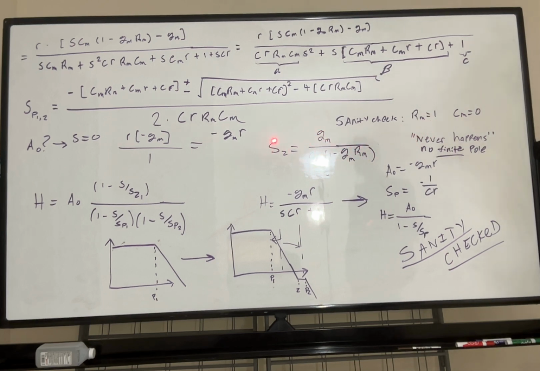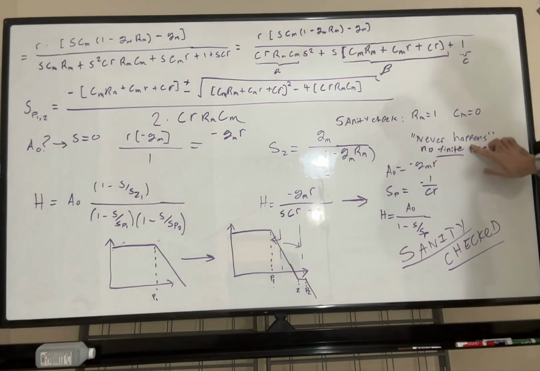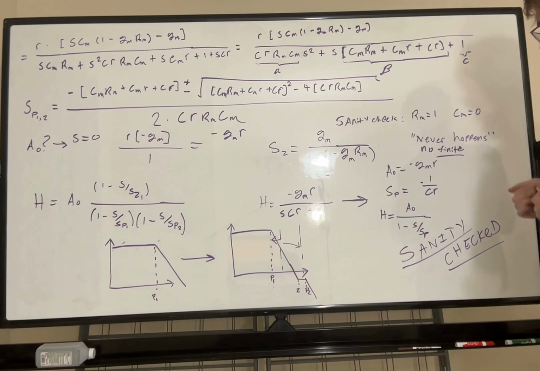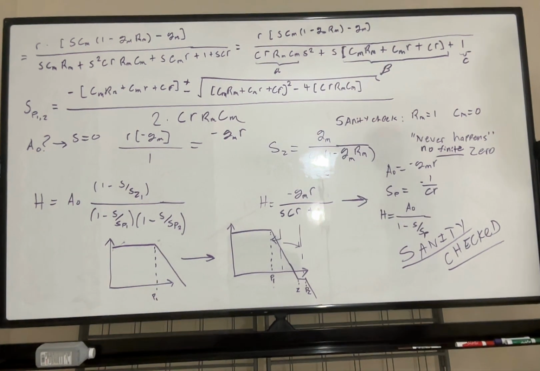You're dividing by 0, so SZ will go to infinity. So there's no finite 0 if there's no Miller compensation.